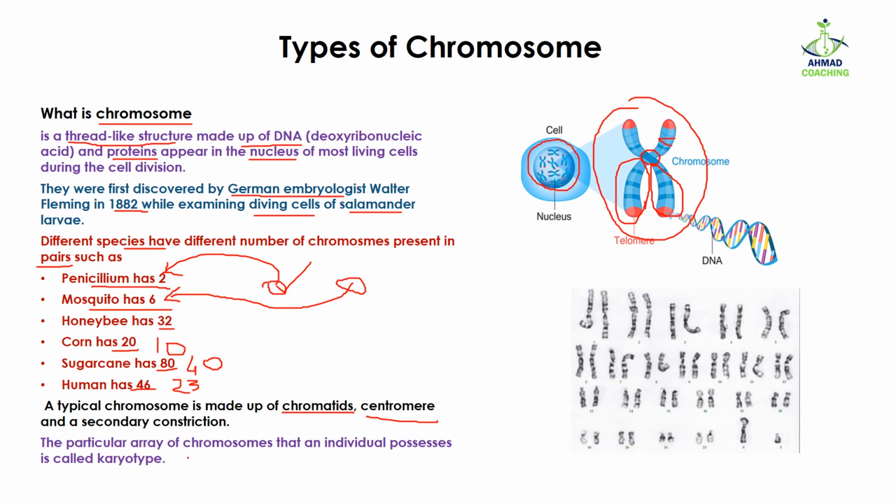The particular array of chromosomes that an individual possesses is known as karyotype. So karyotype means all the types of chromosomes present in one particular species or in one particular individual. So if you start from 1 and you end at 46, this is a karyotype of a human because it has 46 chromosomes.